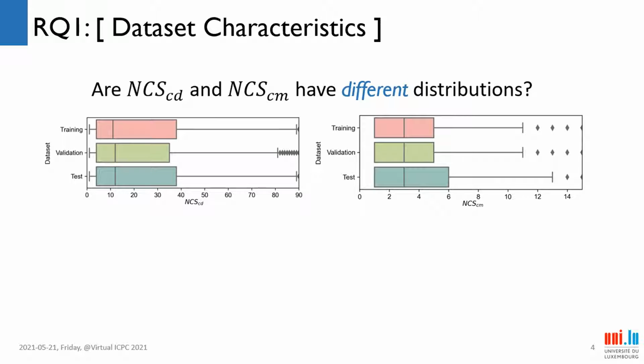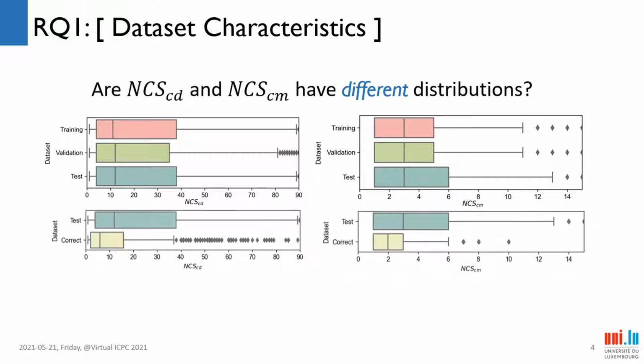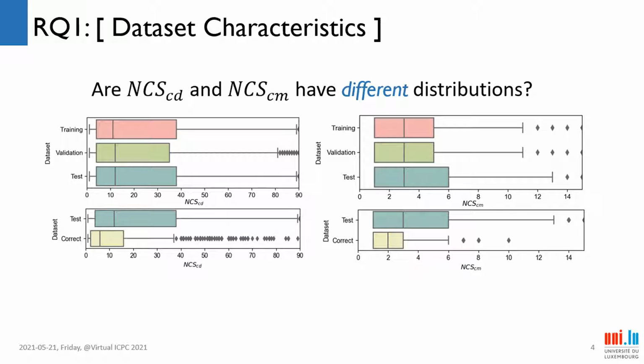Here is the first research question, the characteristics of the dataset. From the angle of code change, we observe similar distributions of NCS code and NCS comment among the three sets. The indicators in both plots are similar. We also compare the two indicators of cases from the test set and the correct set.